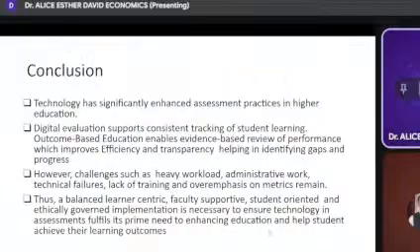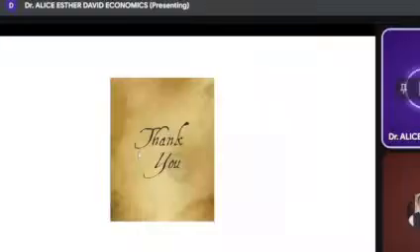Thus a balanced, learning centric, faculty supportive and student oriented implementation of OBE through technology in digital assessment is very necessary, which will help students achieve their learning outcomes. At the end of a graduation program, a student will have overall development, be able to critically evaluate and analyze things, and gain many benefits from this type of study. Thank you.